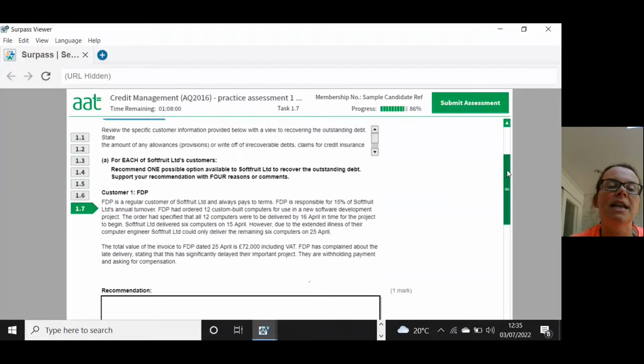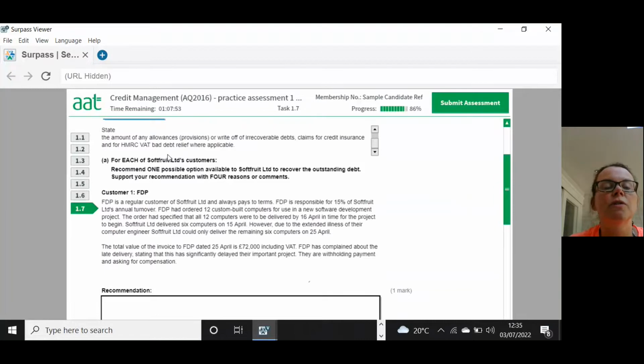State the amount of any allowances or write-off of irrecoverable debts, claims for credit insurance, and VAT bad debt relief where applicable. For each of Soft Fruit's customers, recommend one possible option to recover the outstanding debt. Support your recommendation with 4 reasons or comments.